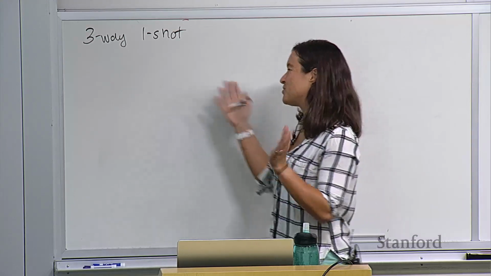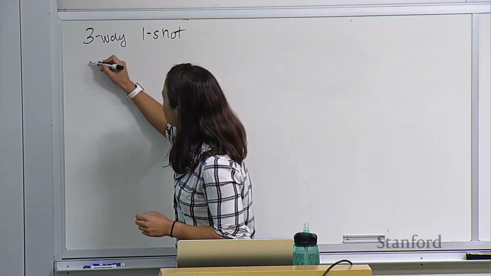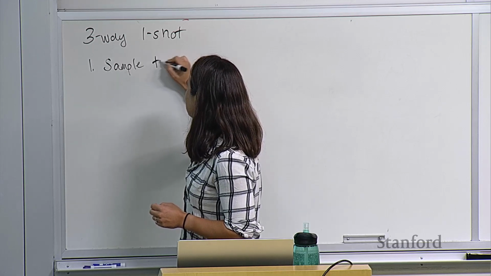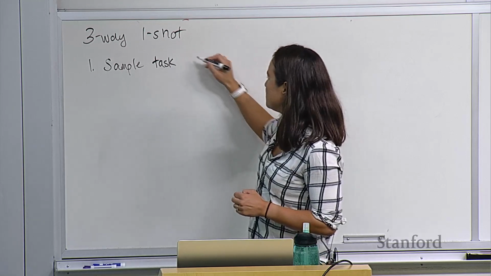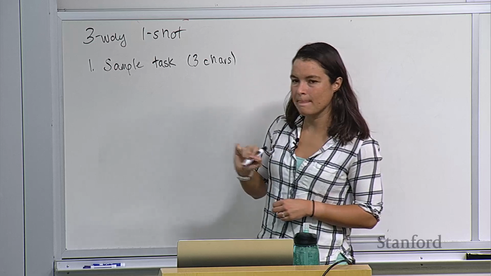In this case, you could think of different alphabets as only having potentially 3 characters. The first step, again, will be to sample a task. This will correspond to 3 different characters.